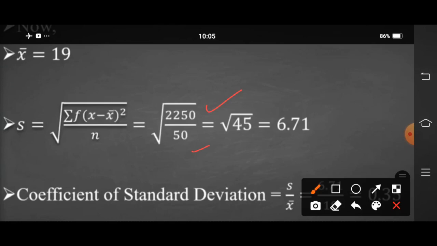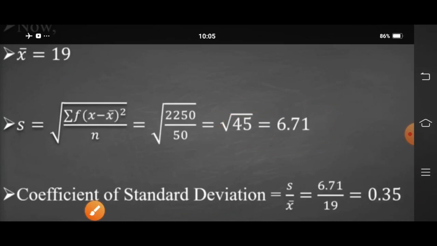So 2250 divided by 50, we get 45. Under root of 45 is 6.71. Now the coefficient of standard deviation is the standard deviation divided by the mean: 6.71 divided by 19. The answer would be 0.35.